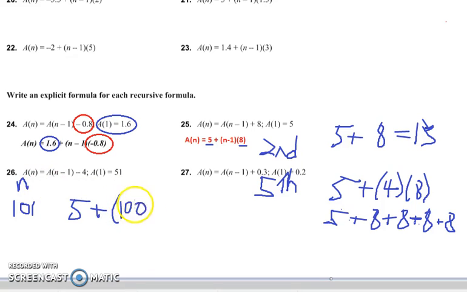So 100 times 8. Okay, this would be 805. So the application of this is that doing this one little multiplication would be way easier than adding 8 100 times. You can do it that way and you'll get it right, but just save yourself the trouble.